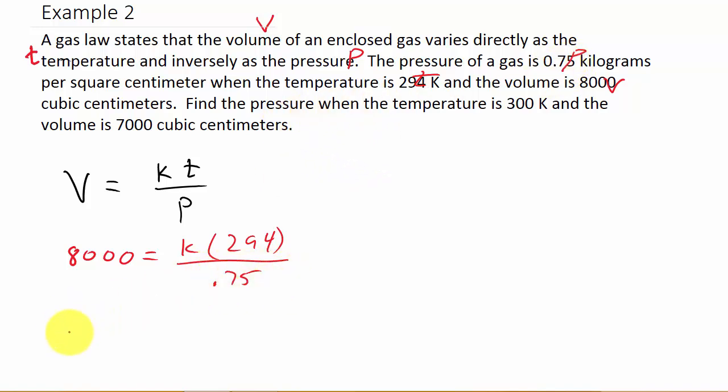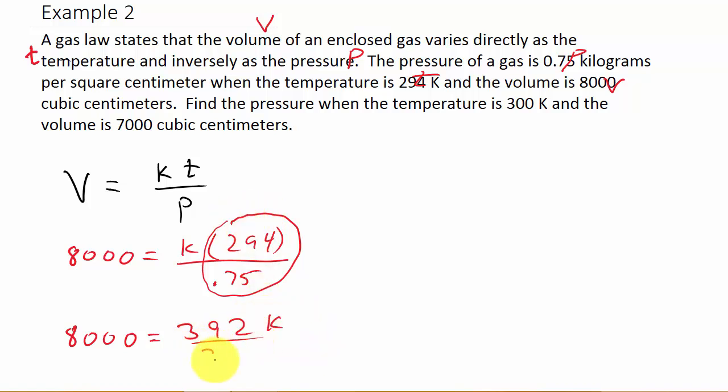Now what I'm going to do is go ahead and divide this in my calculator. So I have 294 divided by 0.75, and that is 392. That's what this is when I divide in my calculator, and that's times k. So I divide by 392. I've got to figure out what k is.